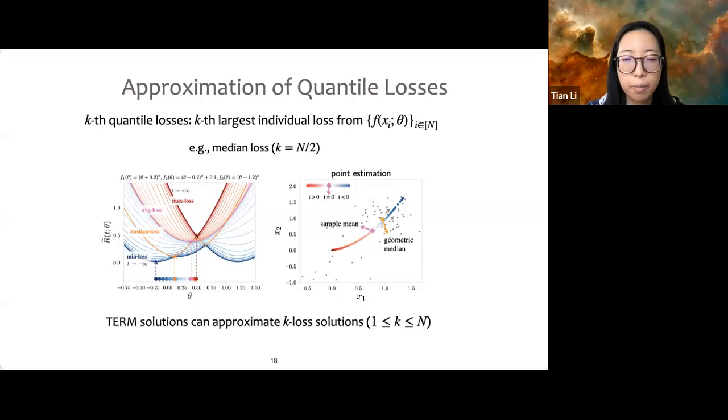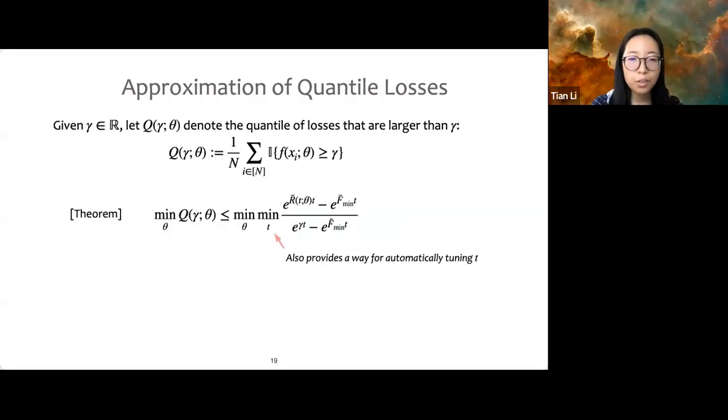offer some approximations. And how good is that approximation? We define Q_gamma(theta) as the quantile of the losses that are larger than some threshold gamma. So this fraction of the losses larger than gamma is some value between 0 and 1.